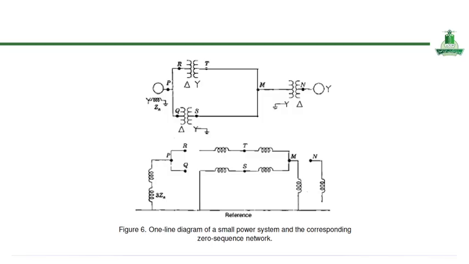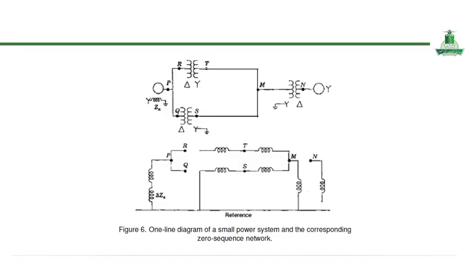In the bottom single line diagram, you can see that the corresponding zero sequence equivalent circuit is clearly drawn in this figure, and each element of the original system is replaced by its zero sequence impedance, and the network is referenced to ground.